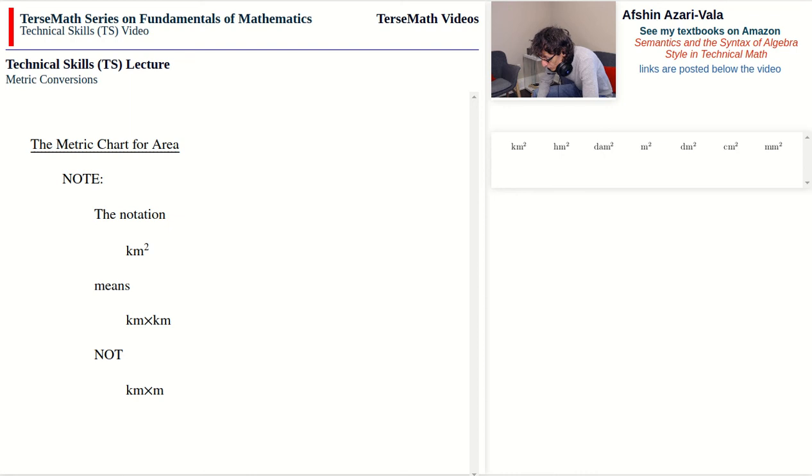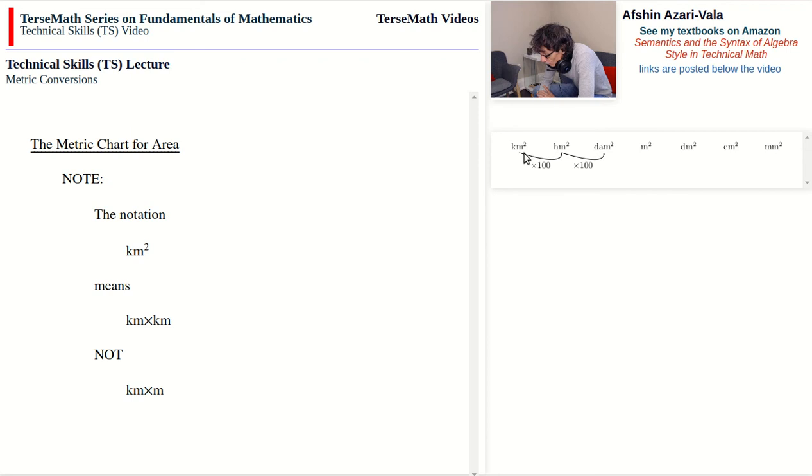Alright, so on the metric chart for area, if you're going from square kilometer to square hectometer, we have to multiply by 100, and decimal point moves forward over 2 digits. Suppose we want to go from square kilometer to square decameter, then we have to make 2 moves. One goes from square kilometer to square hectometer, and the next one goes from square hectometer to square decameter.